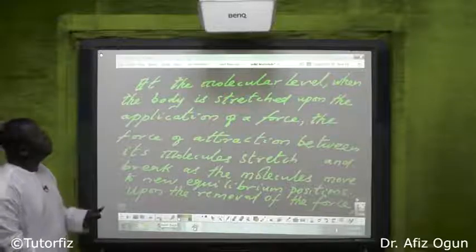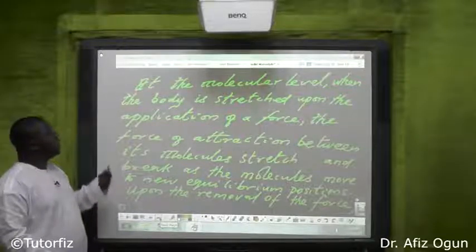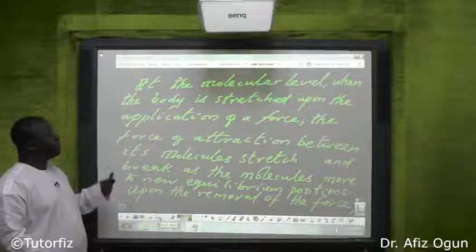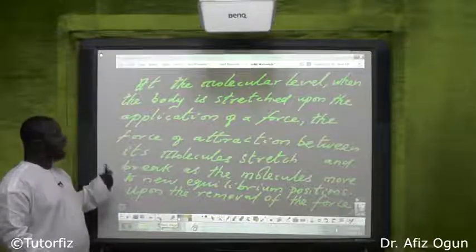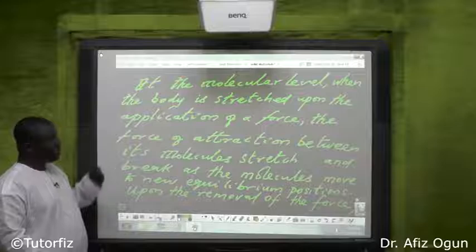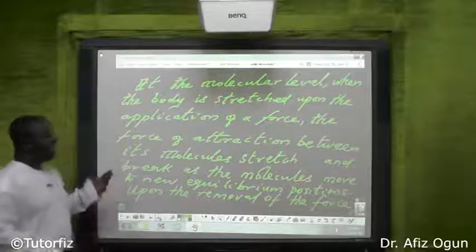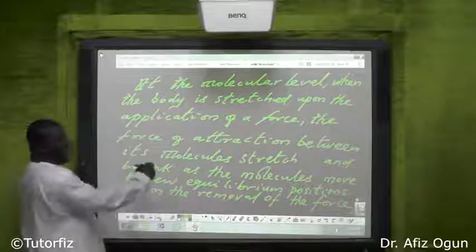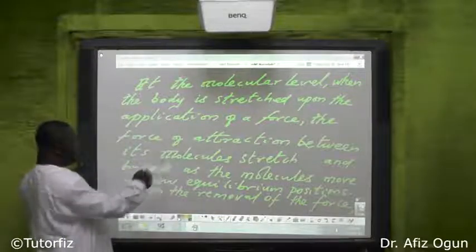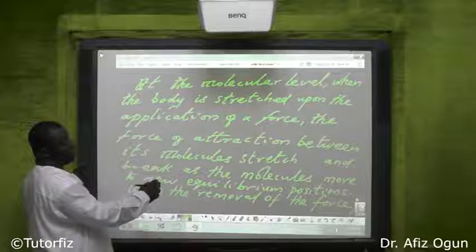At the molecular level, when the body is stretched upon the application of a force, the forces of attraction between its molecules stretch and break, as the molecules move to new equilibrium positions.